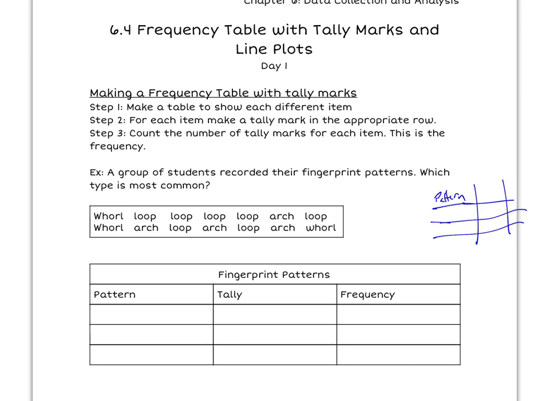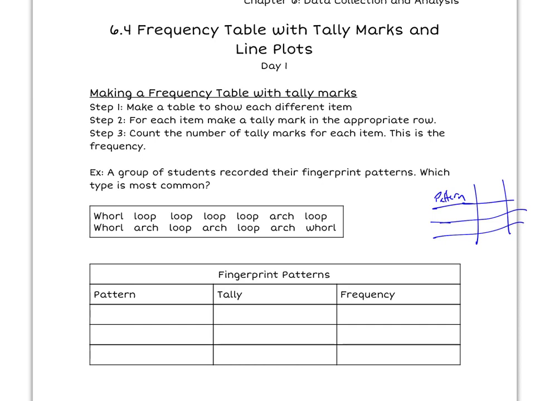All right. So we've got a group of students here. We've recorded their fingerprints, like let's say we just look at their thumbs, where we've got whirl, loop, loop, loop, loop, arch, loop, whirl, arch, loop, arch, whirl. Phew. All these different things. So in our table, we've got 3 different patterns.